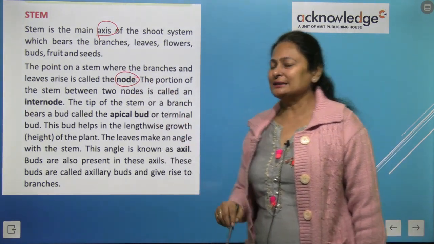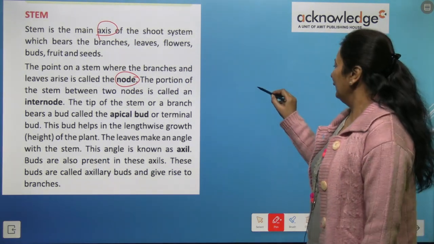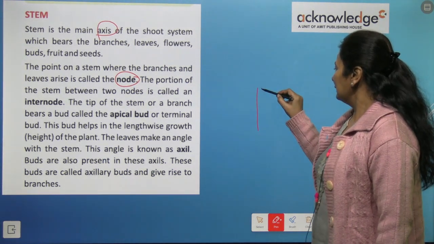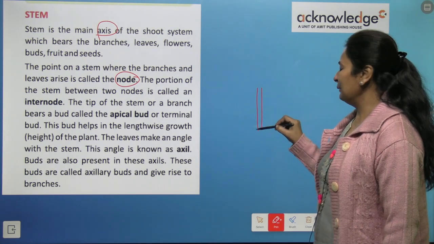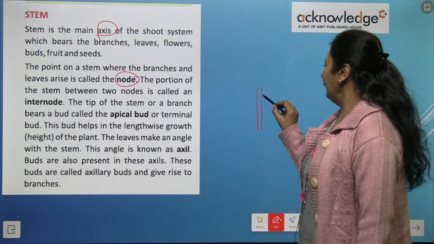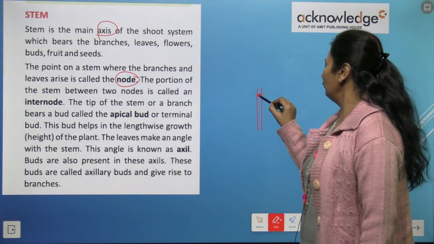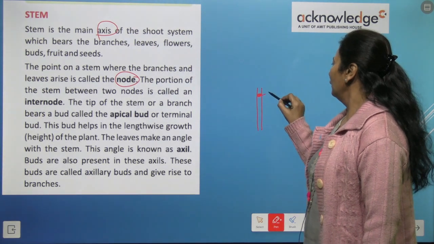You must have seen the stem of plants. I'll just roughly draw for you. Like this is the stem. This is the thin stem. I'm not very good at drawing, but still I'm doing it for you. And here is a point. You find this sort of a point. This is called node.